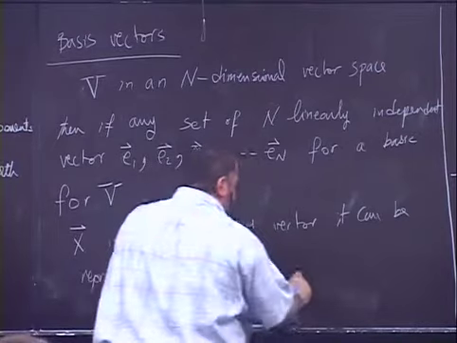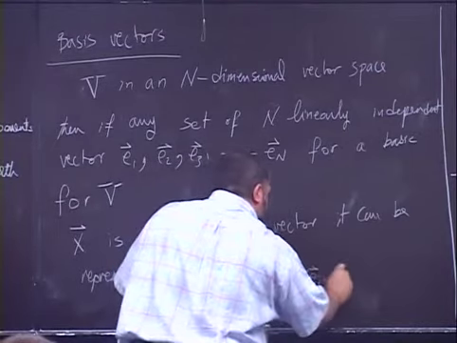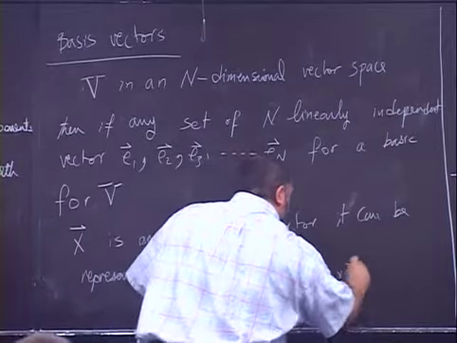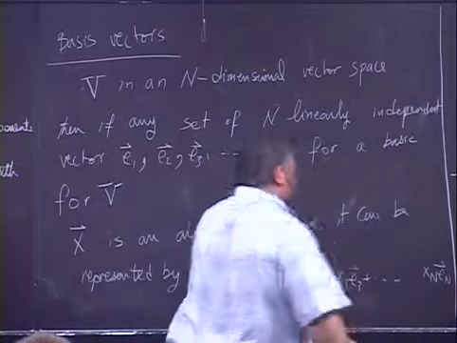So it would be x1 in the direction of E1, x2 in the direction of E2, plus x3 in the direction of E3, and so on up to xn in the direction of En.